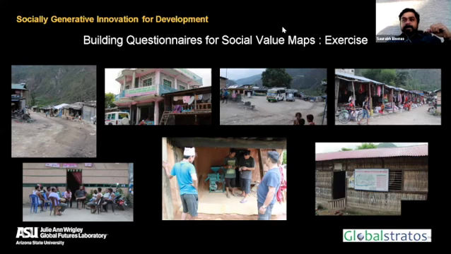Now, the question here is not what kind of technology would be most appropriate, or that was not the starting point. The starting point was, how do we enhance the quality of the livelihood activities in this community? How do we enhance the living conditions of people by improving services inside the home?